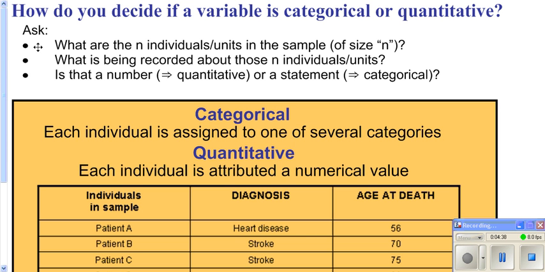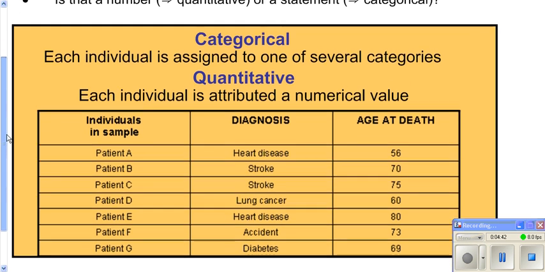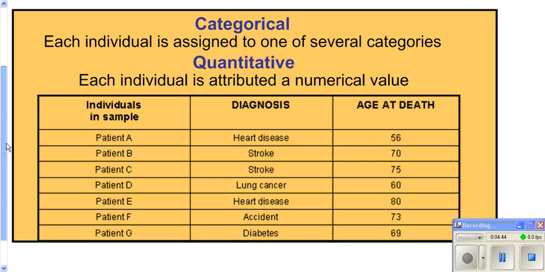So let's take a look at this data down here. We have our individuals listed on the left. We have our diagnosis, and we have our age of death. Their age of death is going to be quantitative because you're talking about the age, which is a number. Diagnosis is not quantitative because you're not representing them with numbers, you're representing them with words.